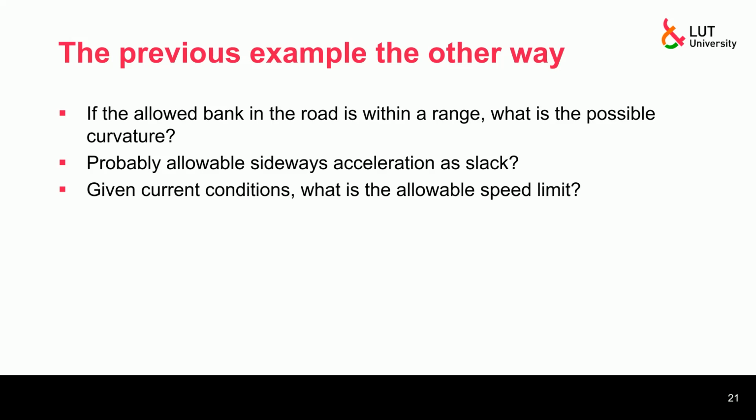For comfort, we probably don't want to pull that many G's on public roads. Or then we might consider what's the traction we can expect the cars to have, how the road is shaped. Then we could calculate what is the maximum allowable speed limit, probably with some slack also given for safe operation and people who might be speeding anyway and so on.